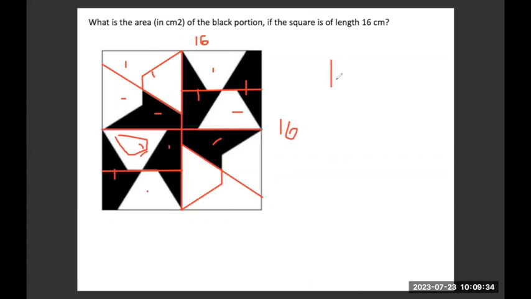So I have a total of 16 parts in a square of 16 by 16.